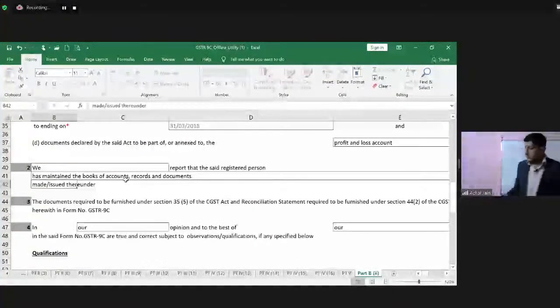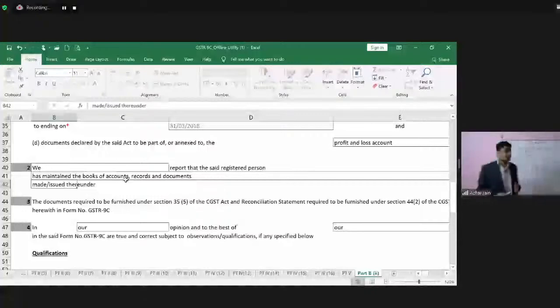So now he is saying that whatever the GST laws require in terms of maintaining the books of accounts, that has been done. The second is books of accounts are as per GST laws. So this is the second point we have been commenting.